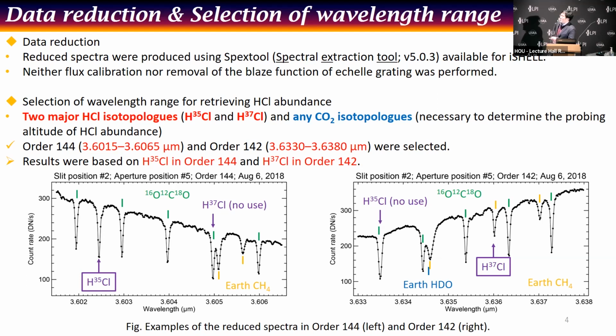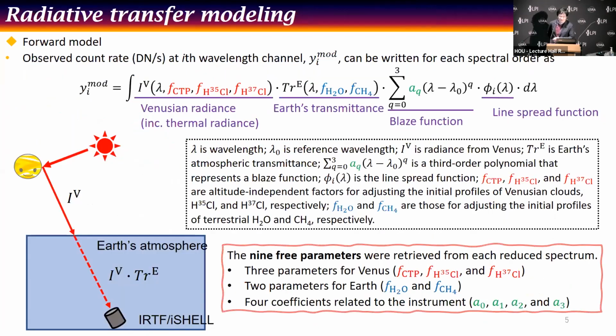So we didn't use the results derived from these two HCl lines. The results described later were based on hydrogen chloride 35 in order 144 and hydrogen chloride 37 in order 142. So let me explain how to make a simulated spectrum in this slide.